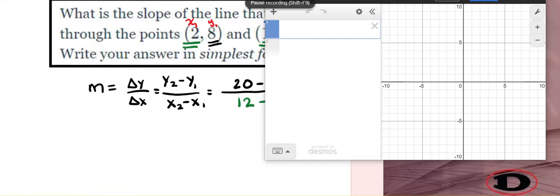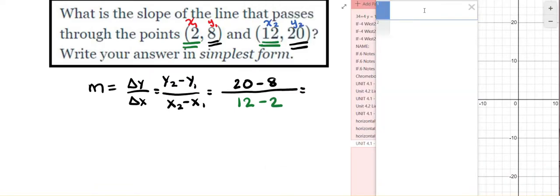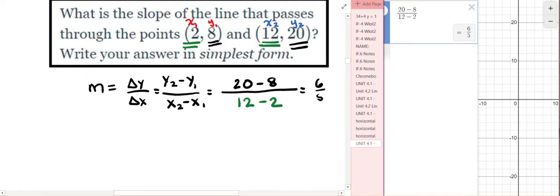Okay, hold on. I got Desmos to work again. And so we're going to do 20 minus 8 over 12 minus 2. And we get 1.2, and to turn this into a fraction is 6/5. Okay? So the slope is 6/5.